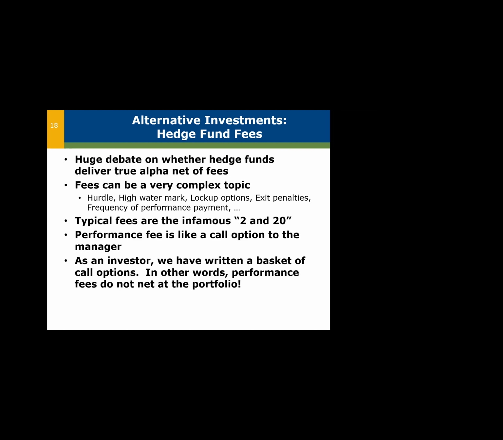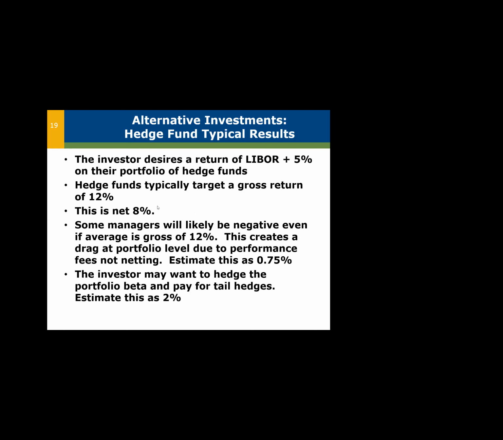That would mean none of the managers would get a performance fee. But that's not how it works. Because it doesn't work that way, there's an additional performance drag due to this non-netting of performance fees, which you have to take into account when evaluating the performance of a hedge fund portfolio. So let me walk you through that example again. I essentially did walk you through it, but let me just do it again.